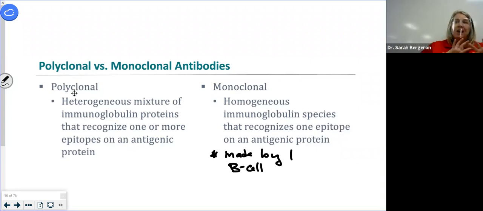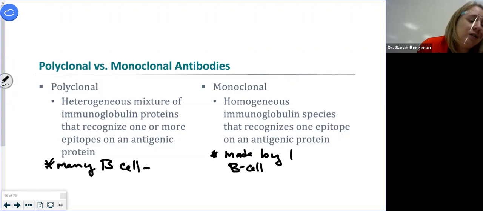Polyclonal, on the other hand, is a mixture of lots of different antibodies. They are going to recognize one antigen, but because that antigen has multiple epitopes, right? You can have multiple antibodies that recognize that antigen. So this is made from many B cells.